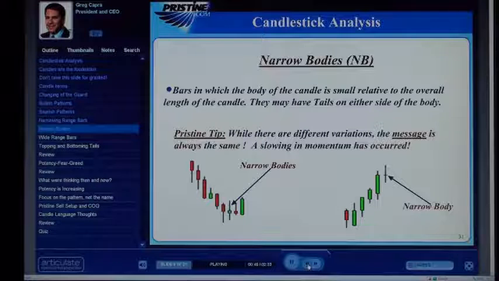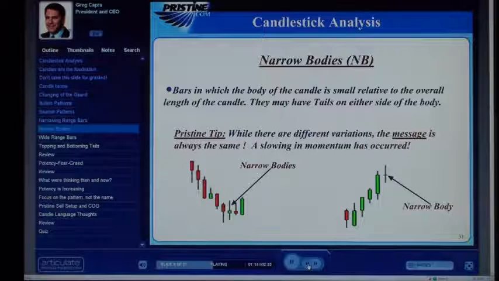As I mentioned previously, when we see narrow bodies, the thought that that's going to produce is that momentum is slowing down. So if we have a series of candles that have been moving lower, especially over an extended period of time, and we begin to see narrow bodies, that will produce a thought that momentum is beginning to slow, and the probability of a turn is likely near. Now we need to wait for the next candle message.